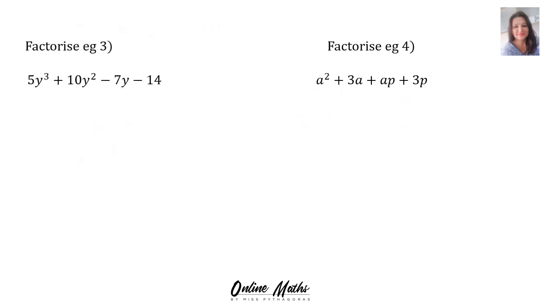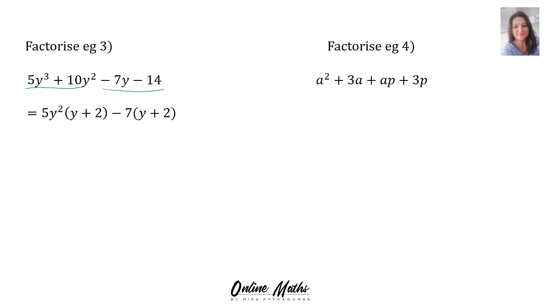Example 3, factorize. So there are 4 terms. What I'm going to do is group. So I'm going to group the first 2 together and the last 2 together. I'm going to take out the highest common factor. So on the first 2, I'm going to take out 5y squared and I'm left with y plus 2.